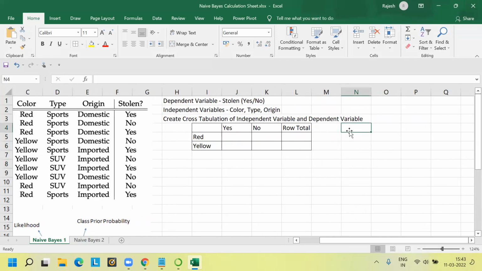If you want, you can also calculate the probability of yes and probability of no for red and yellow, right?